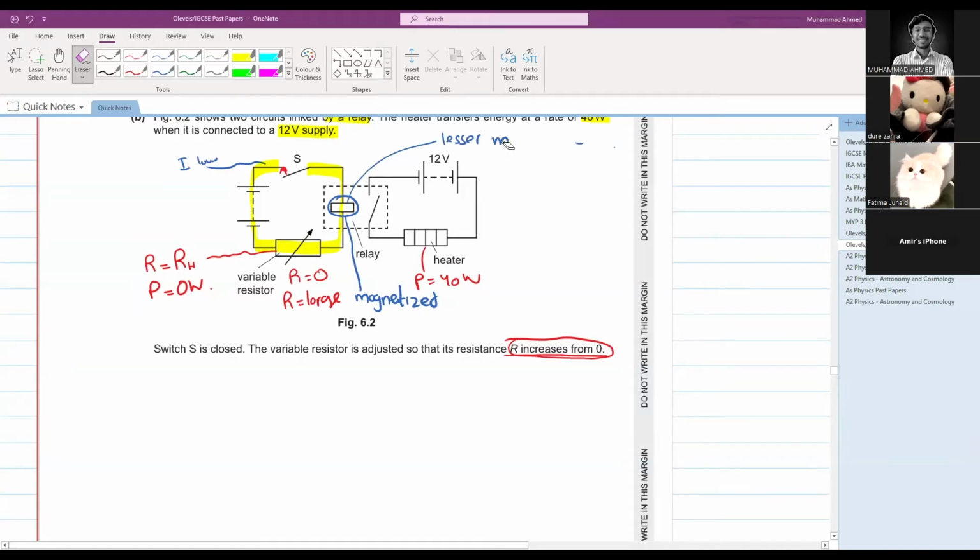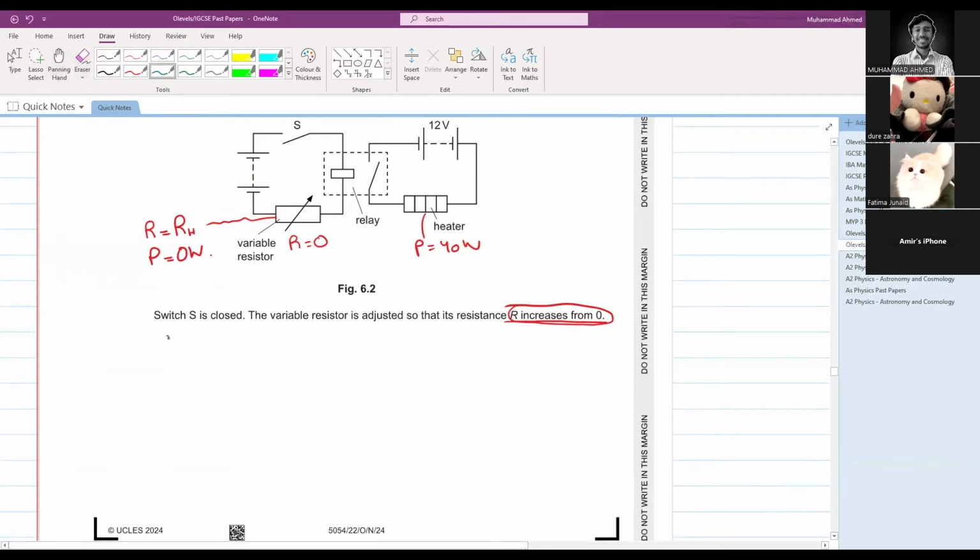Yes or no? Let me make it more evident by doing it with different colors. In the start, you have a resistance of zero. The current across this yellow circuit will be quite a lot. Current is high. If the current is high, this magnetic coil will get magnetized.